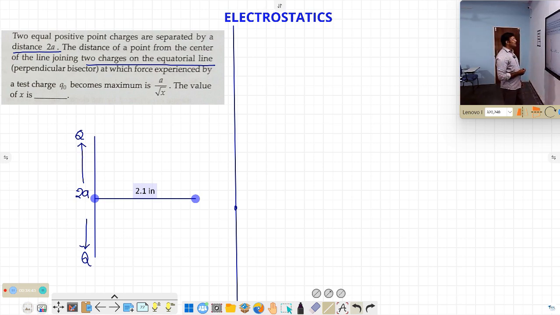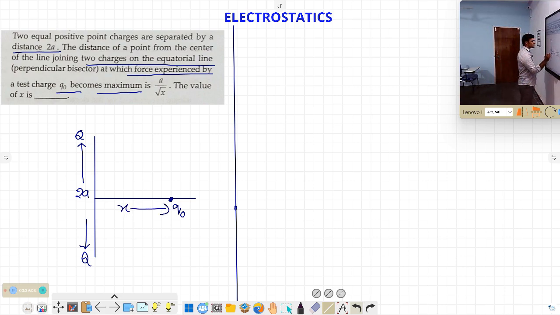Now along this line, they are asking to calculate, a test charge is placed. That means if we keep a test charge Q0 along this line, at which distance will the force experienced by the test charge become maximum? That means what distance you have to keep so that the force acting on the test charge will be maximum. That distance is nothing but x.